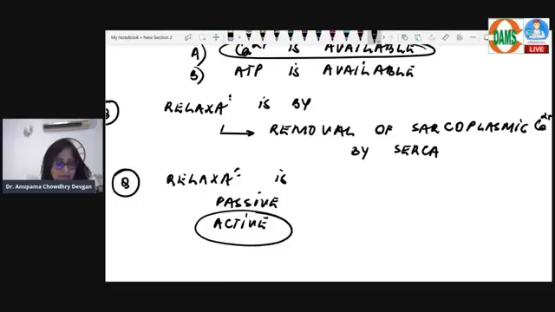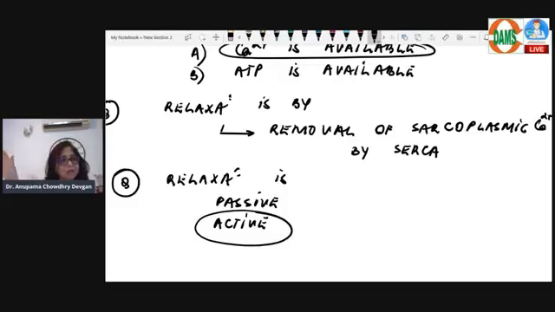When will SERCA be activated? When there is no stimulus. See, how does muscle contraction happen? Cerebral cortex, corticospinal tract, lower motor neuron is excited, transmission across the neuromuscular junction, then the action potential spreads all over the muscle fiber membrane, excitation-contraction coupling, release of calcium, muscle contraction.